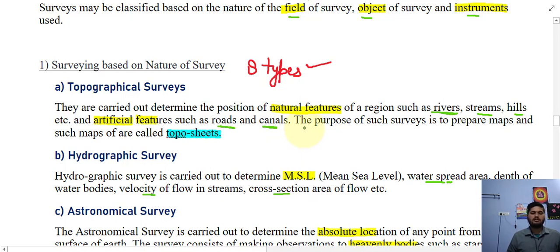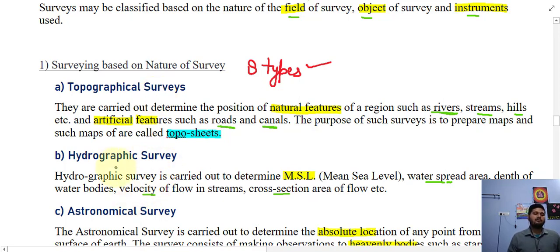These are all artificial features. The map made using these features is known as topo sheets. That's why this is known as topographical survey.